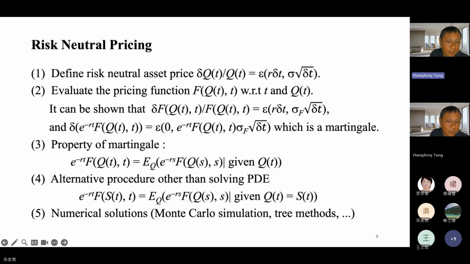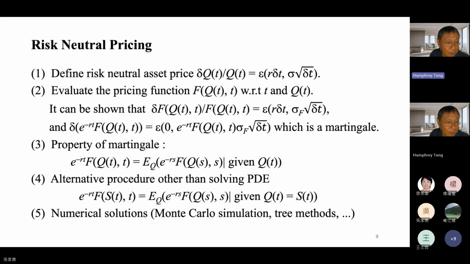Why is this so good? Because in probability theory, if something behaves like a martingale, you can relate. So my bullet three, properties of martingale. In particular for my option pricing formula, I know the discount of the option pricing formula evaluated according to the risk neutral price behaves like a martingale, and it has these properties.